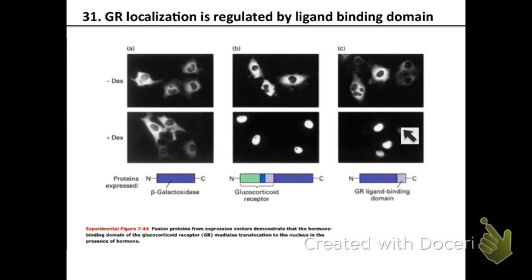It's in the nucleus, suggesting that this domain is sufficient to make this reporter gene responsive to the hormone addition. So that ligand binding domain is sufficient for translocation.